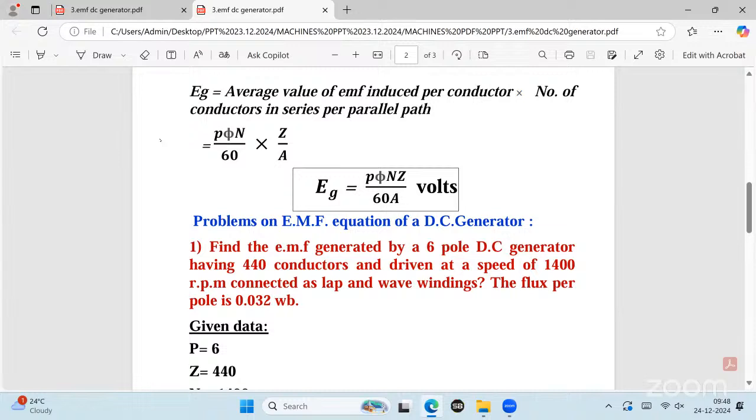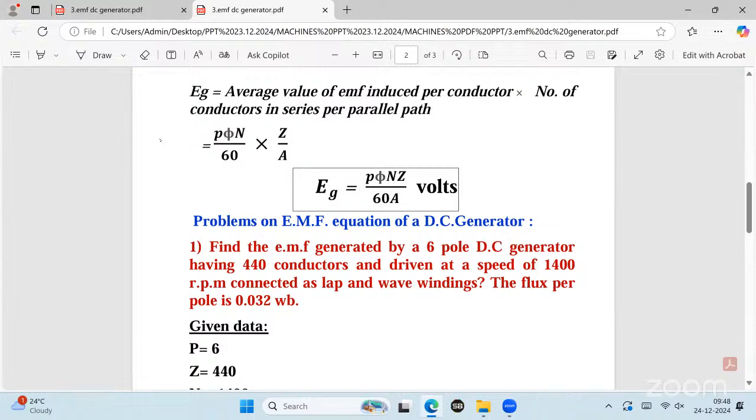If the design is 8 poles, what is A? 8. You have to take 8. Confirm. If it is a wave winding design, and in the problem we will mention wave winding, then A is equal to 2. Always 2. It does not depend upon the poles.